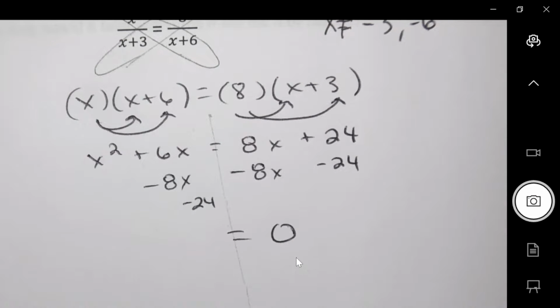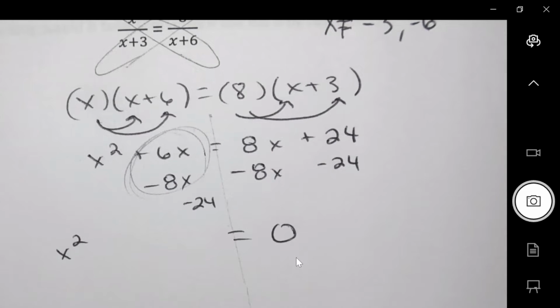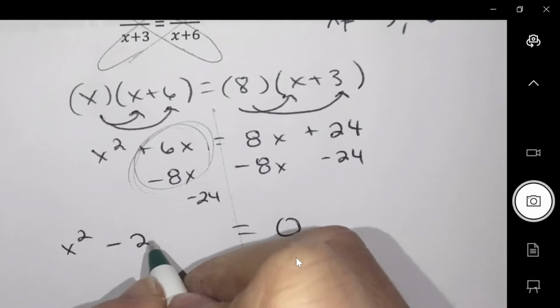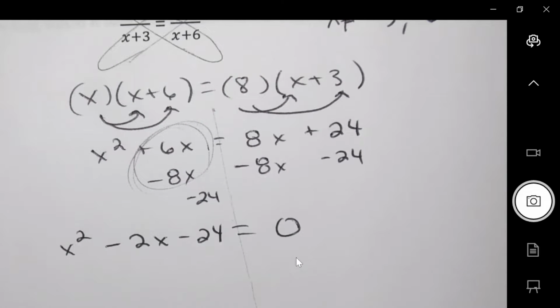Okay, so when I get all this together, I can do those two together. So 6 minus 8, so minus 2x, and then minus 24. I can't put those together, right? They don't match up together.